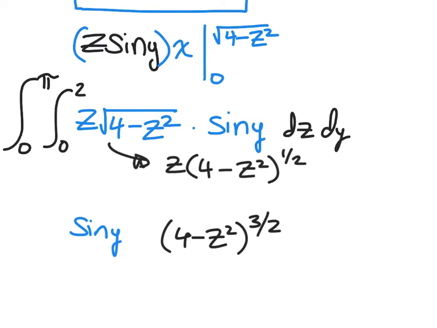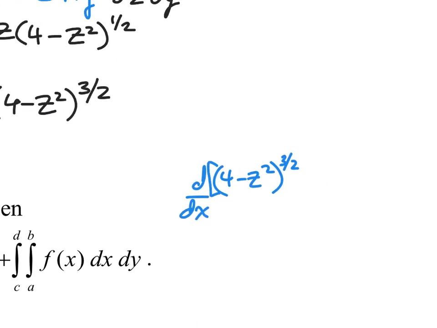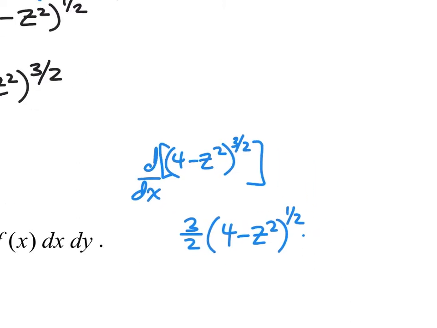All right. And you could just scratch this out off on the side somewhere. Just to give you a look into the thinking behind it, I'd be looking at 3/2 times 4 minus z squared to the 1/2 times negative 2z.